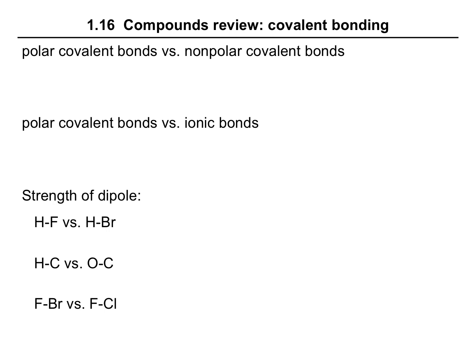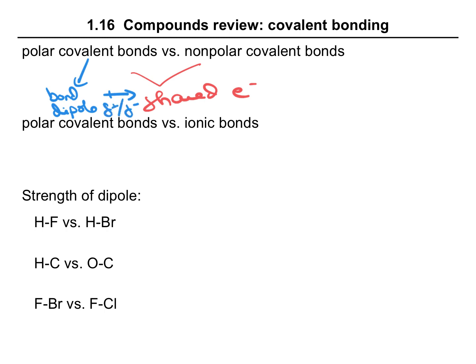Now, I want you to be able to make important distinctions and comparisons with different types of bonds. If we think about polar covalent bonds versus nonpolar covalent bonds, in both cases, we are talking about shared electrons, but the difference is that with a polar covalent bond, they are not shared equally, and so this results in a bond dipole, which can be indicated by a crossed arrow, or it can be indicated using the partial plus and partial minus designation.